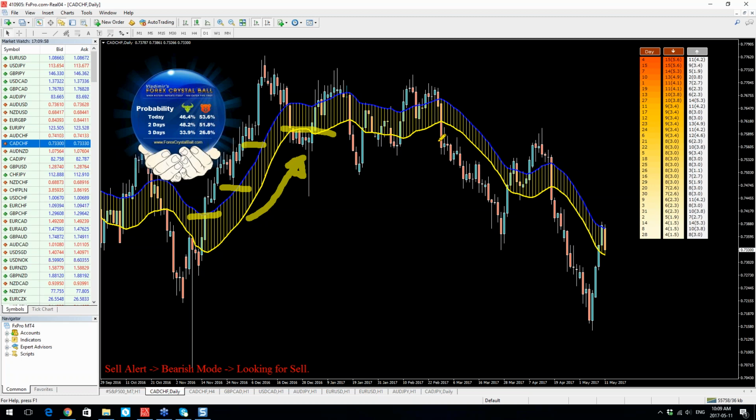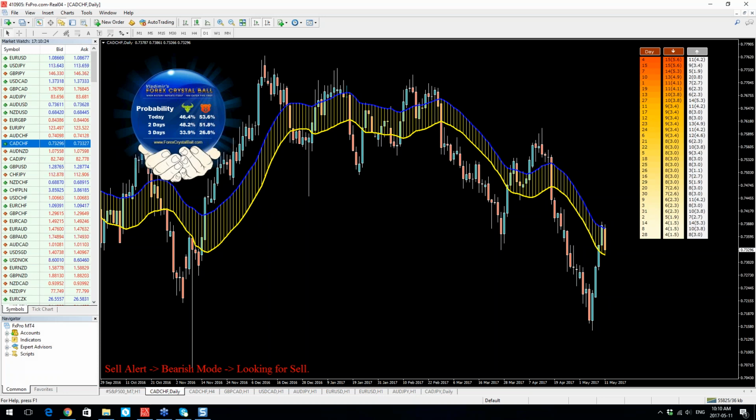And vice versa. Here was a ride down, some correction, and again a cross down. As long as we ride it down, every pullback to the channel or close to it, 1, 2, 3, we are looking to sell. This is the idea here. So we have it right here live.